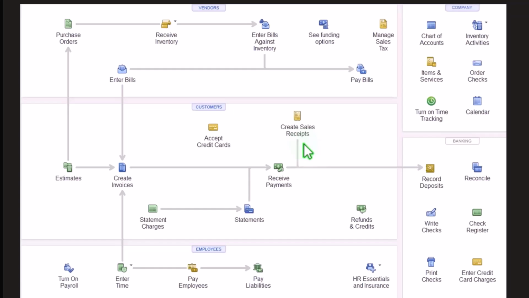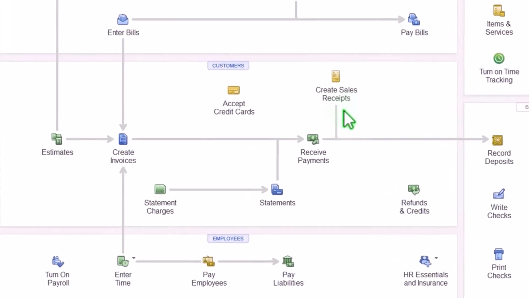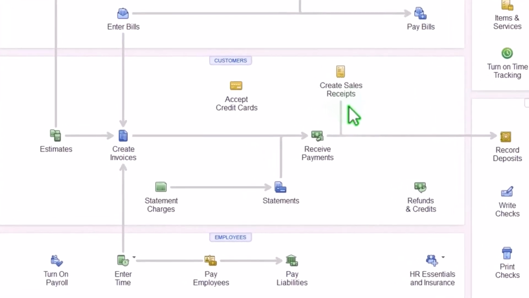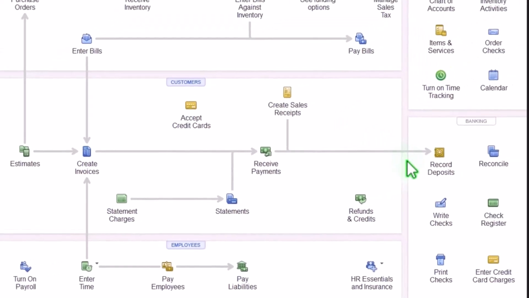Well, in that case, you might say, okay, I'm not even going to use the sales receipt form or a cash register. What I'm going to do is just make the sales during the day, use a periodic inventory system, counting the units that I have, and then I'm just going to deposit at the end of the day and just call the deposit revenue.